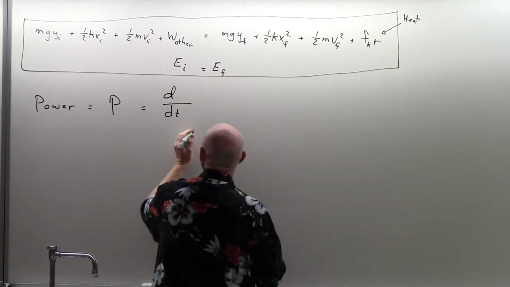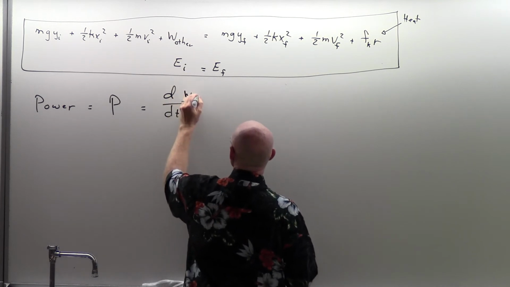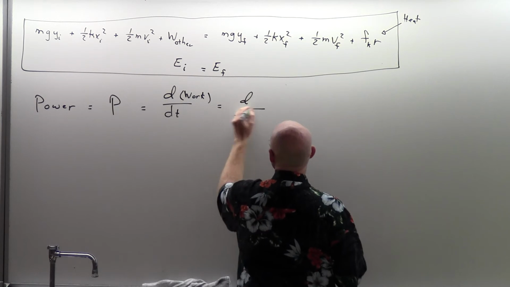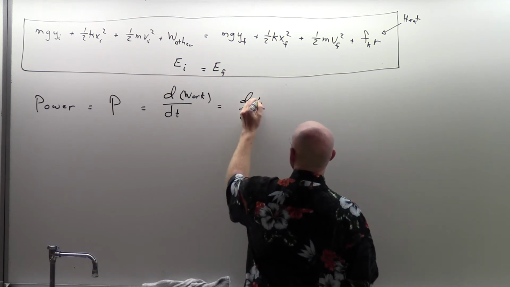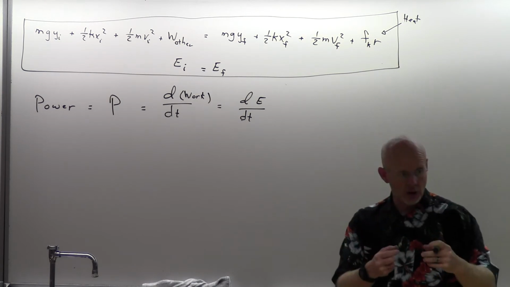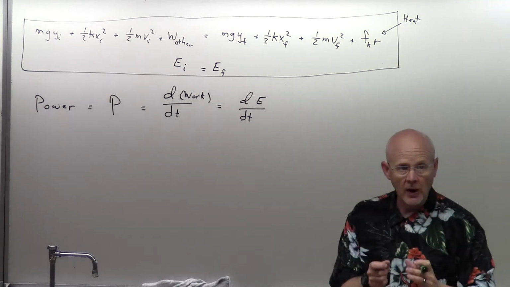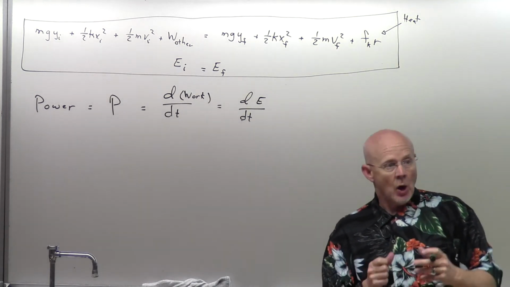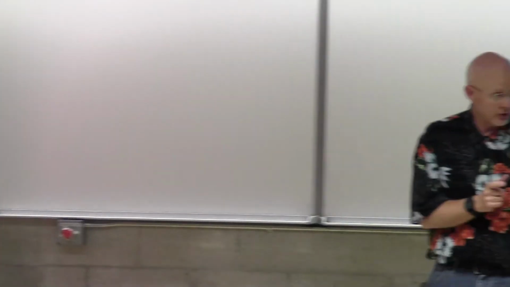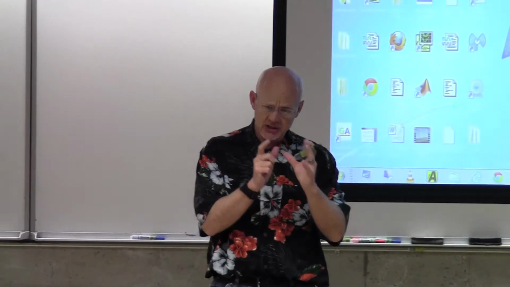It is the rate at which work is being performed. You might even say it is the rate at which energy is being either consumed or generated. Whichever way you want to phrase that, power is closely tied to energy. It is not energy itself, it is the rate at which energy is being used.